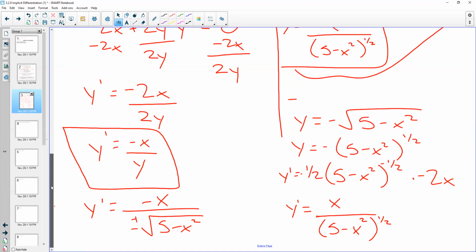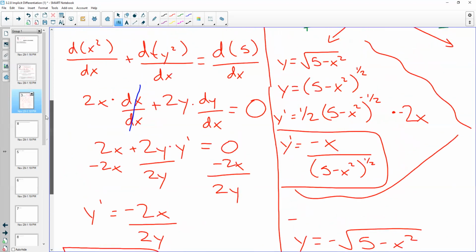And now we need to ask ourselves, are the products of this explicit differentiation the same as the products of implicit differentiation? Well, we had y prime is equal to negative x over the plus or minus square root of 5 minus x squared. And for our negative case, we had y prime is equal to x over 5 minus x squared to the 1/2. So that would be the positive case, right?